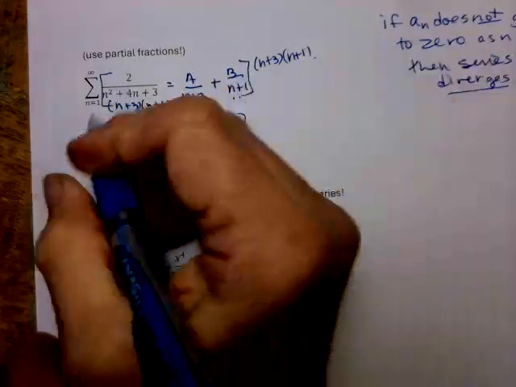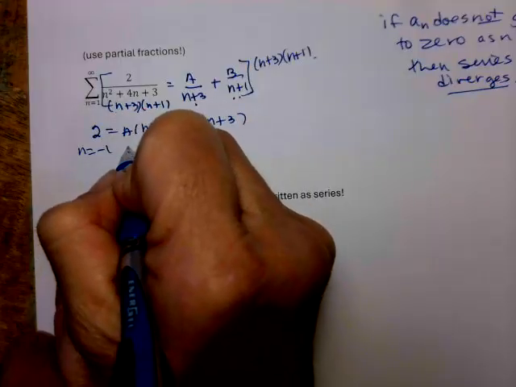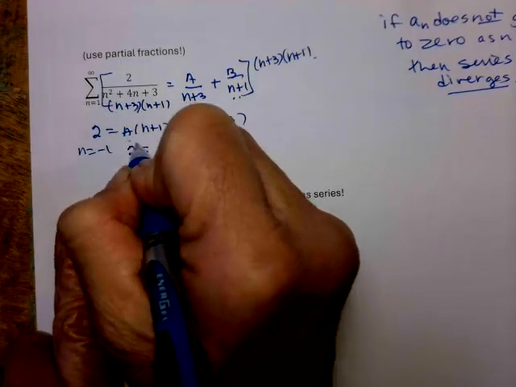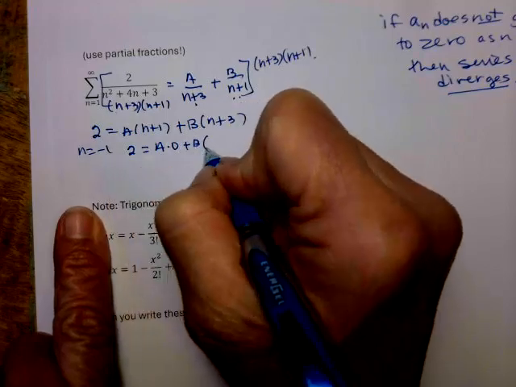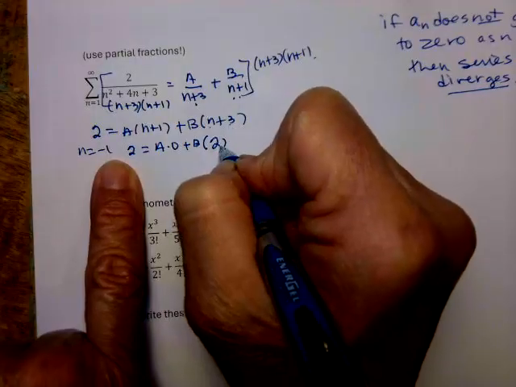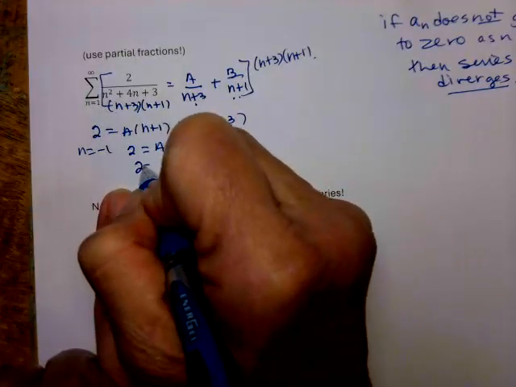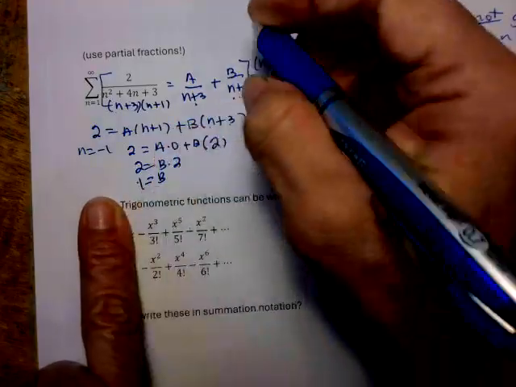Figure out what a and b are, so let n equal -1. That tells me 2 equals a times 0 plus b times 2. -1 plus 3 is 2. 2 equals b times 2, so b is 1. Nice.